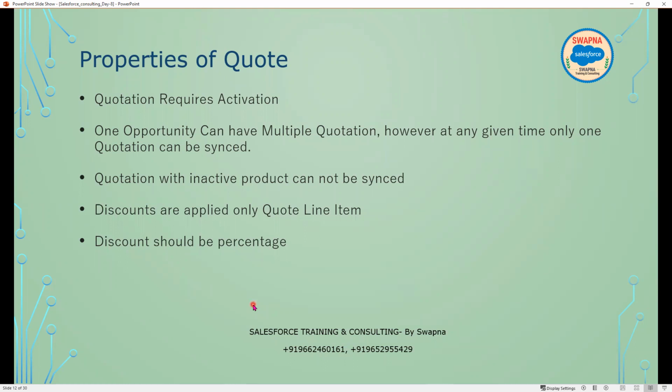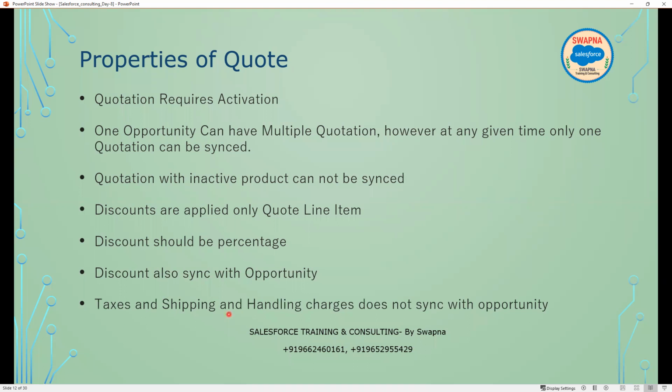And once the syncing is enabled, discounts also sync with the opportunity. When we enable the syncing, the products on the opportunity will sync with the quote line items. Similarly, if we have added any discount on the quote line item, the total amount also gets synced with the opportunity amount and expected revenue.